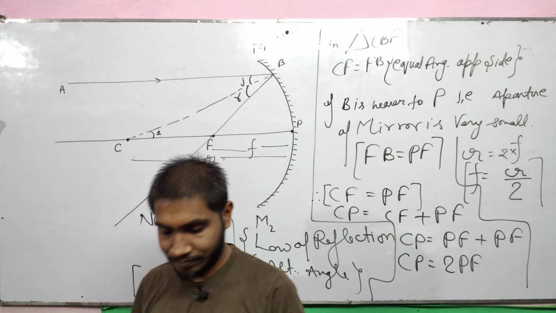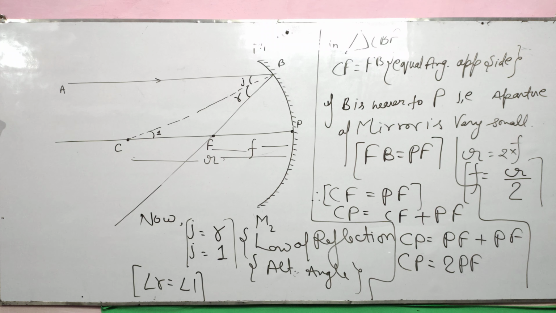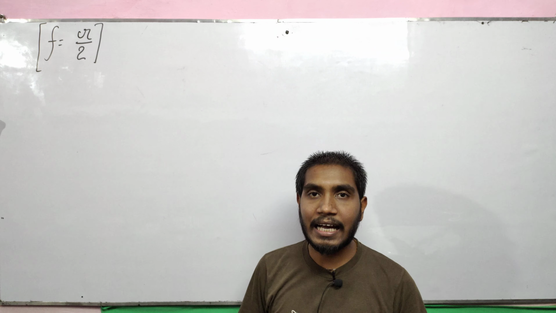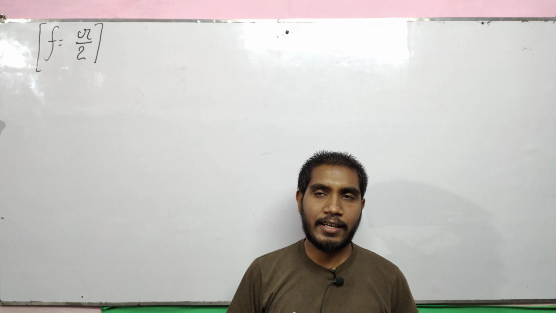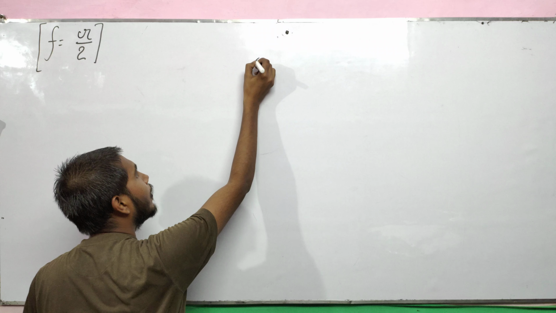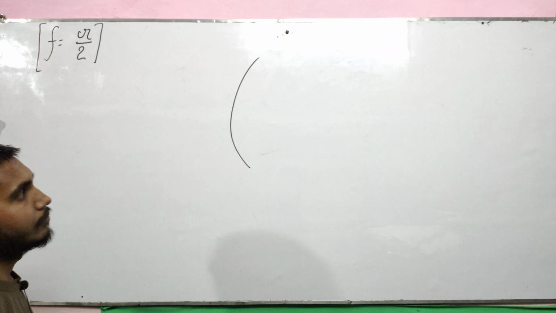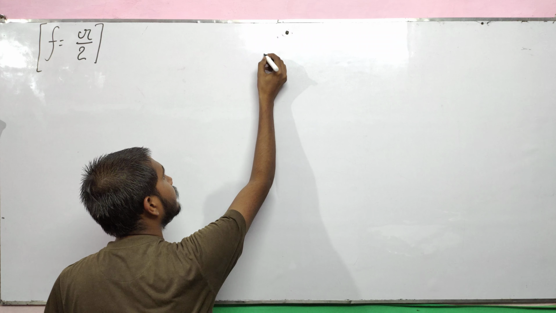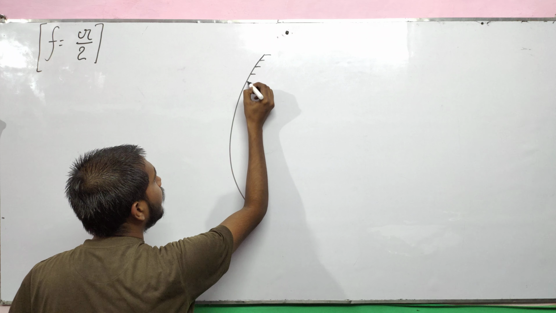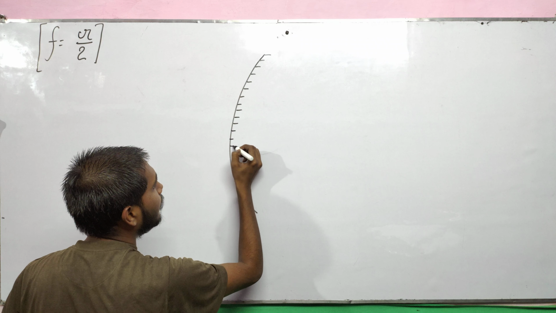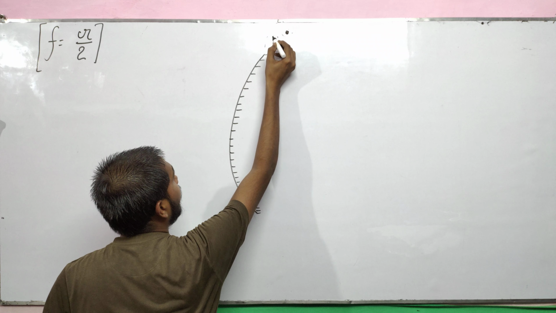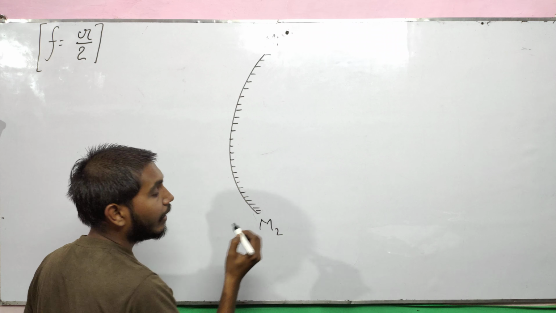Let's see this in the convex mirror. Now we will see F equals R by 2 in a convex mirror very easily. See carefully. This is a convex mirror, M1, M2.